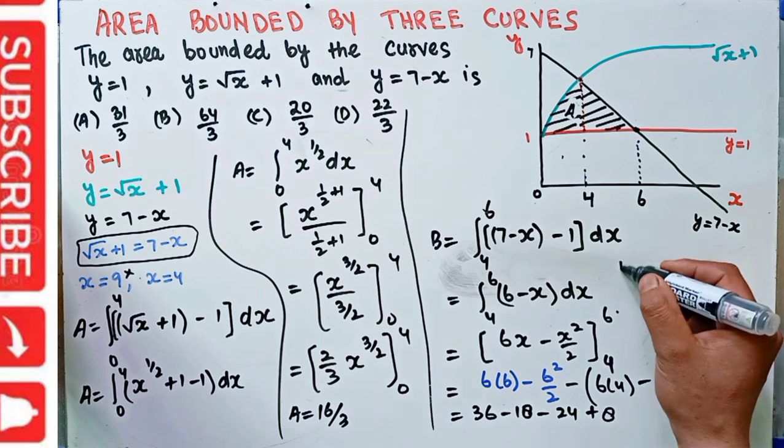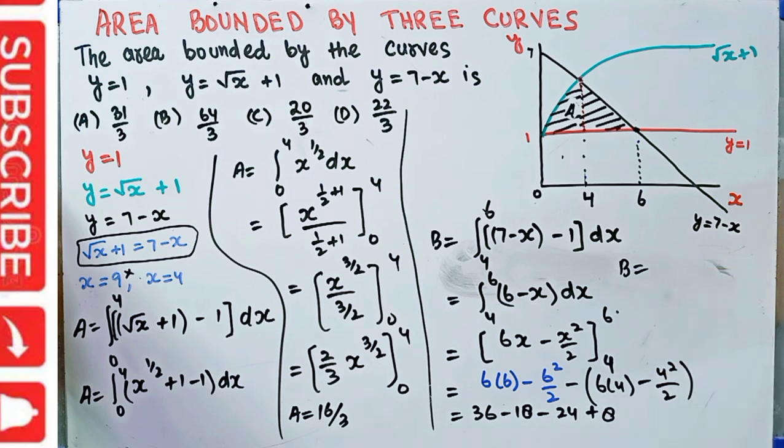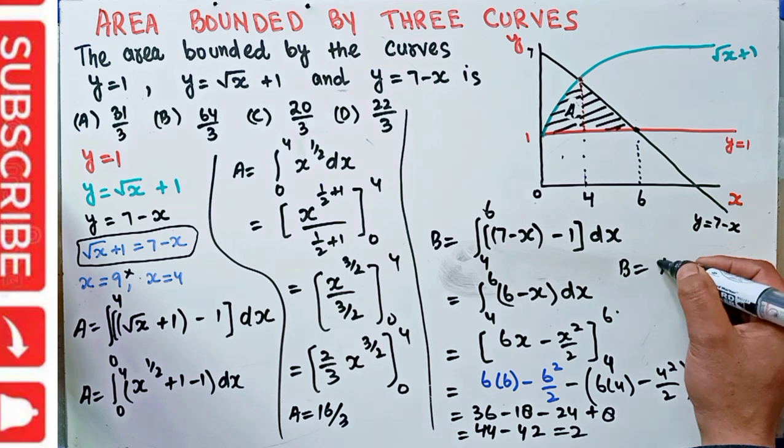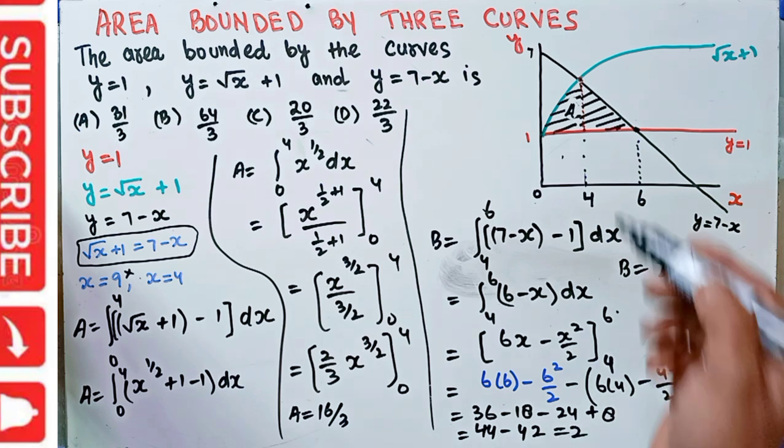So the area of region B will be equal to 36 plus 8, which is 44, minus 18 and 24, which is 42. So 44 minus 42 is 2. The area of this region B is 2.